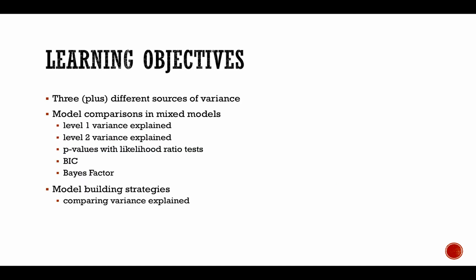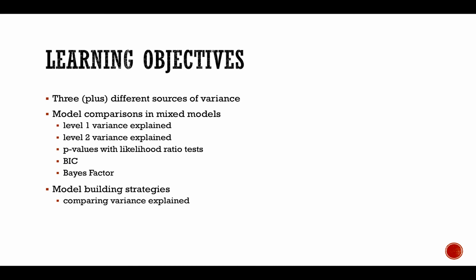Yes, ladies and gentlemen, this concludes our PowerPoint and our lesson. So make sure you understand the following learning objectives: the three plus different sources of variance. For example, that could be the individual deviation from their respective school slopes. It could be the variability about the intercepts, or it could be the variability about the slopes. Likewise, we talked about model comparisons in mixed models. Level 1 variance explained, which is the individual level. And then we talked about the variance explained in level 2, which is the intercepts and the slopes.